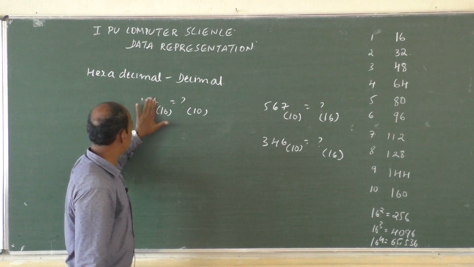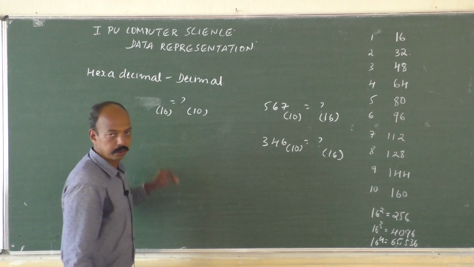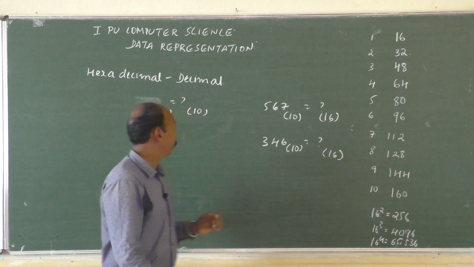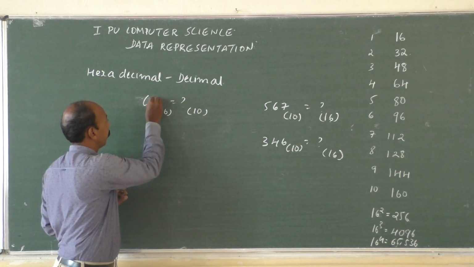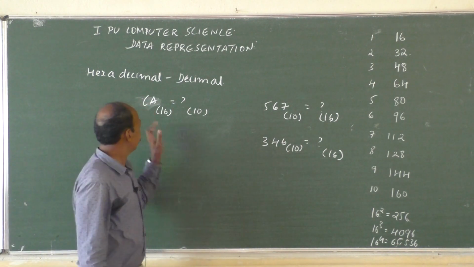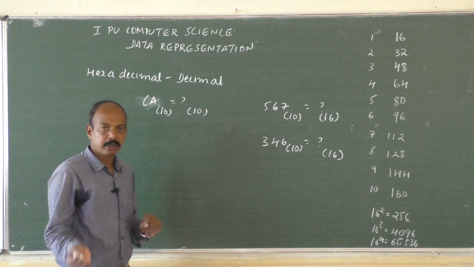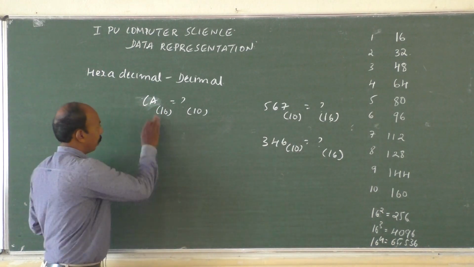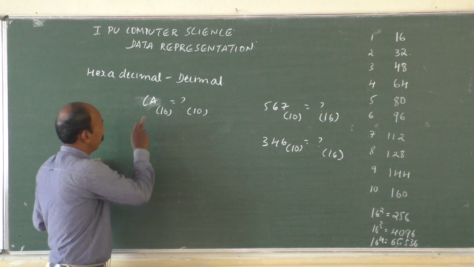Just now we have taken an example 202 which was converted to hexadecimal, and what we got was CA. Right? Let us see whether we are going to get 202, or what is the answer we are going to get.